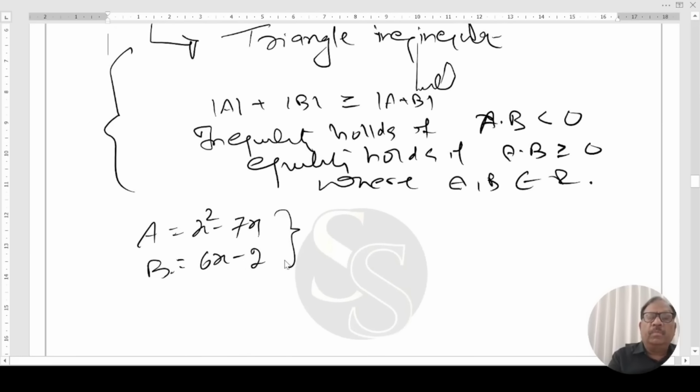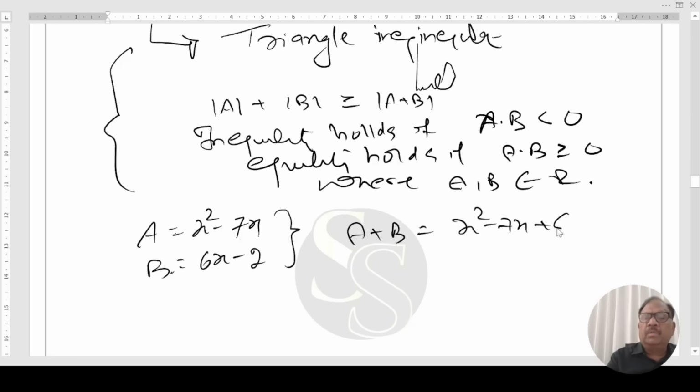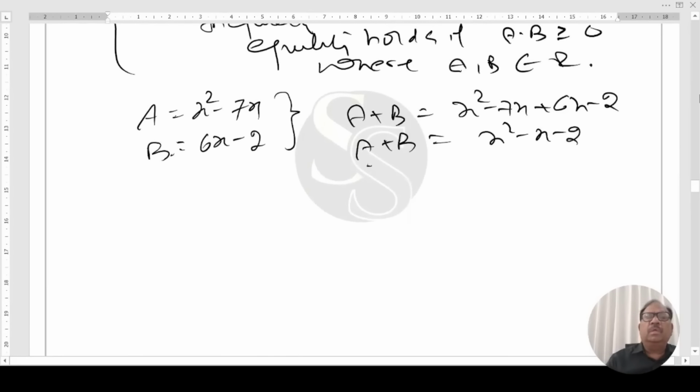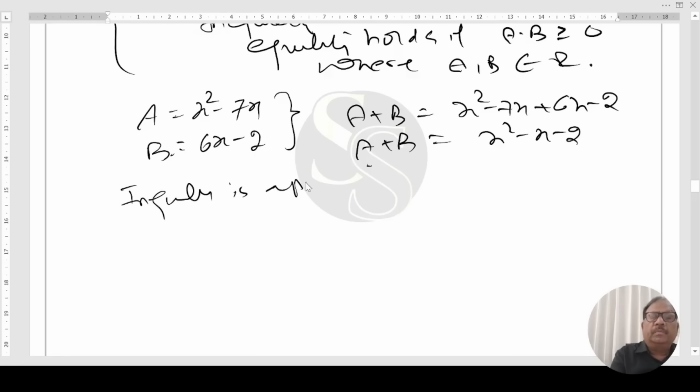Check whether this is equal to A plus B. A plus B will be equal to x square minus 7x plus 6x minus 2, that is x square minus x minus 2. This is A plus B. Right? So this means the inequality is applicable.